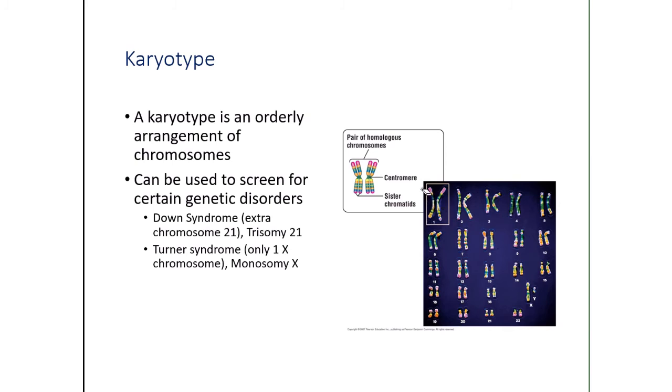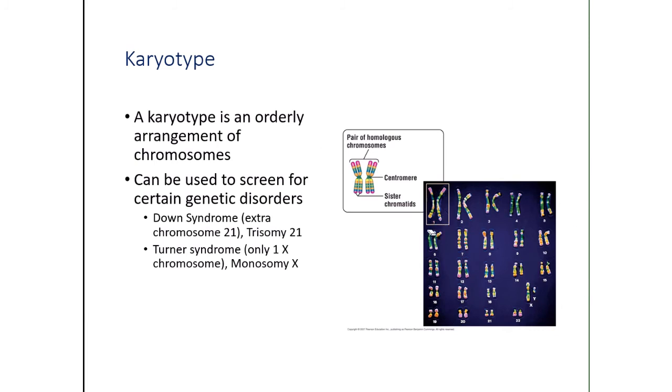The longest one or the biggest one is chromosome 1, and the size goes down as we go up the numbers, with the exception of the sex chromosomes. So remember, chromosomes 1 to 22, we call them autosomal chromosomes. They encode for everything about us except for the gender, but X and Y encode for the gender. So XY here is a male in this particular karyotype.